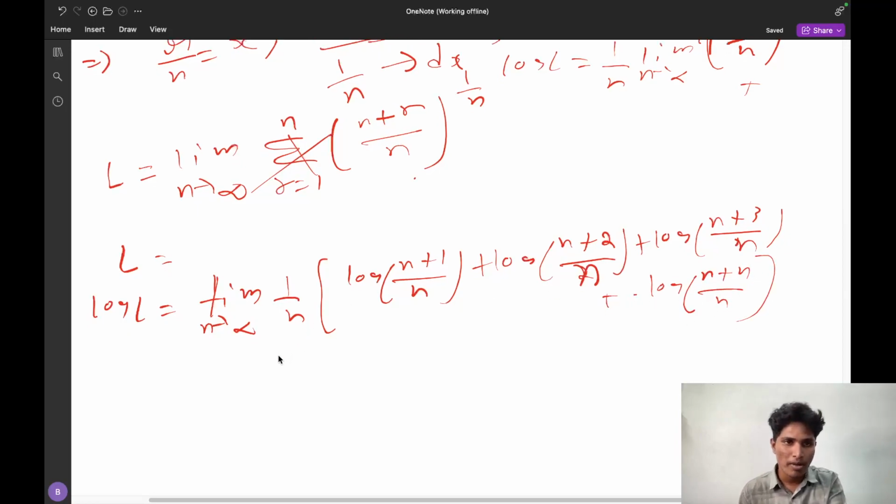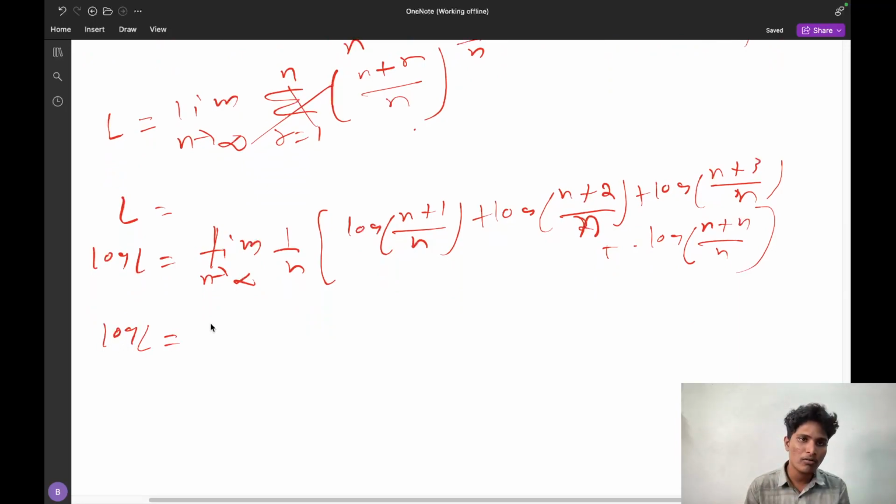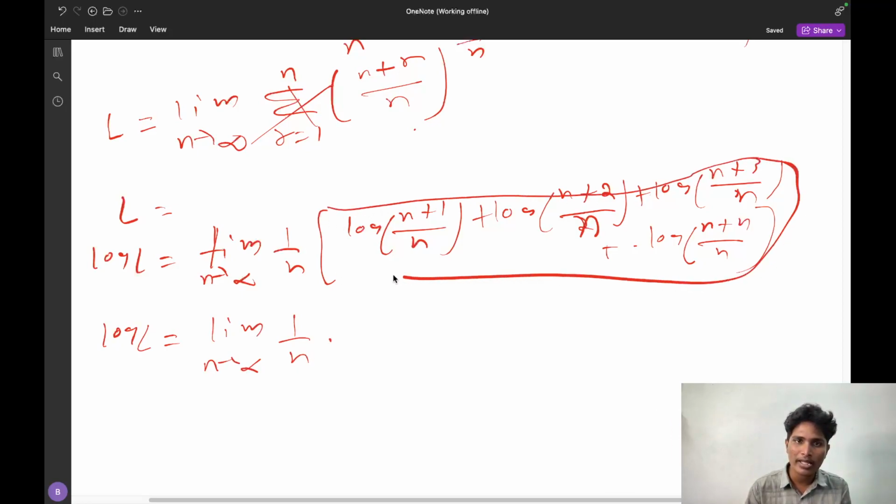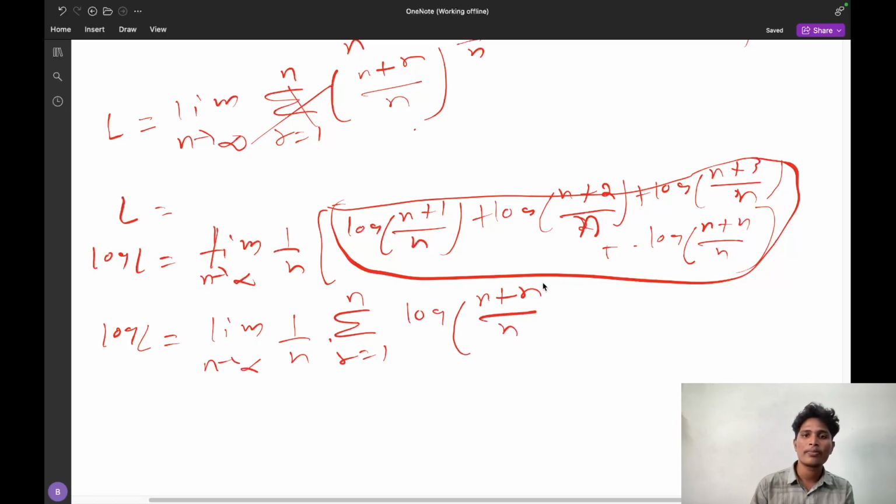Now if you observe carefully, log L is equal to limit n tending to infinity 1 by n, and this entire log thing I can clump as sigma r equal to 1 to n log of (n plus r) divided by n.